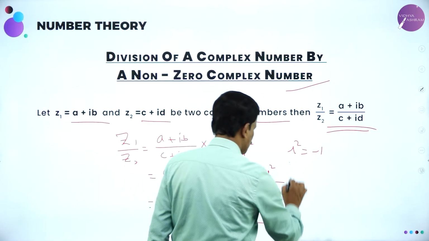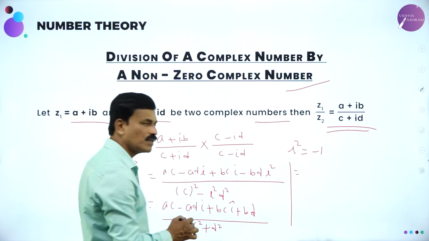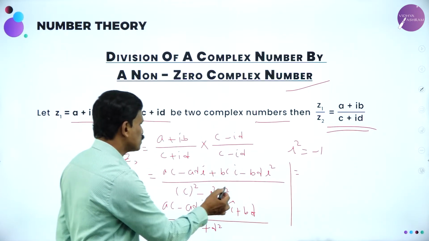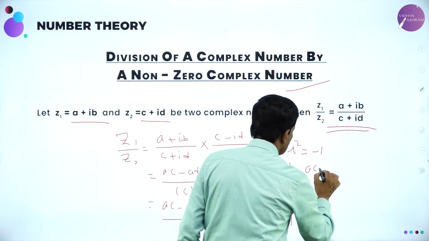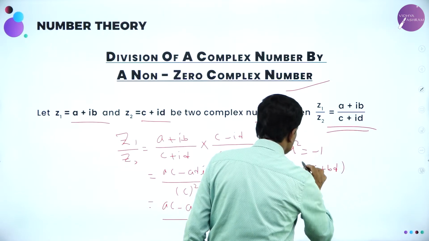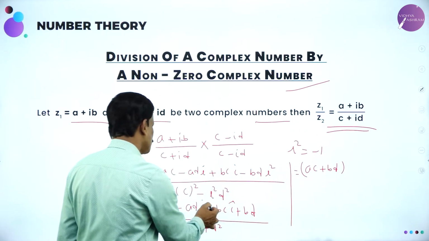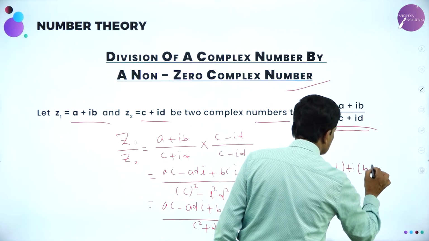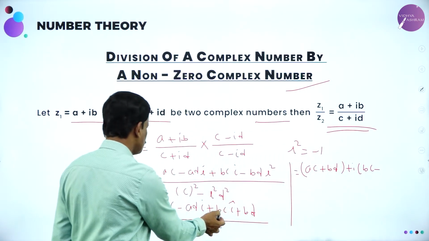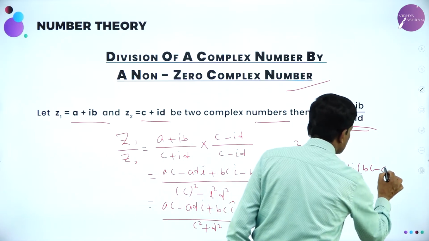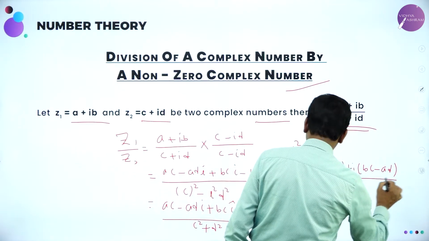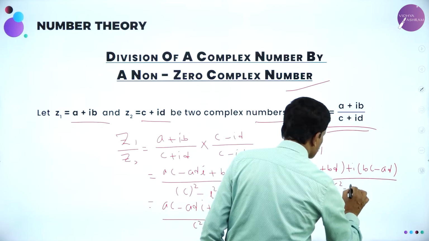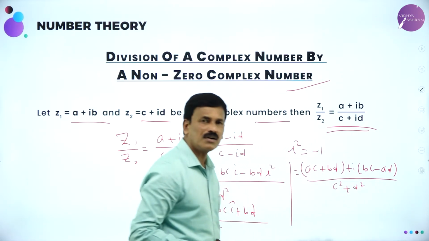So, this can be written as: equate the real parts, ac plus bd, and the imaginary part plus i into bc minus ad, divided by c square plus d square. Now, divide term by term.